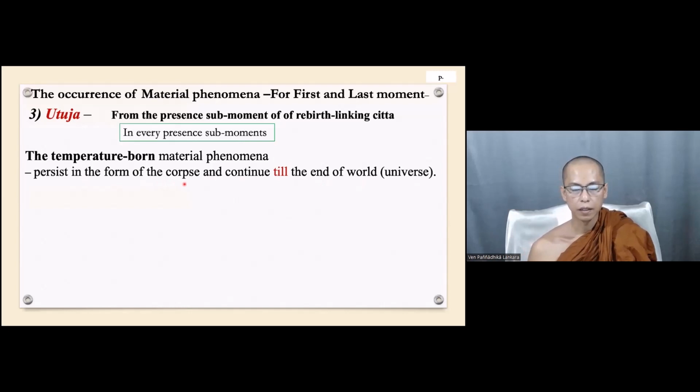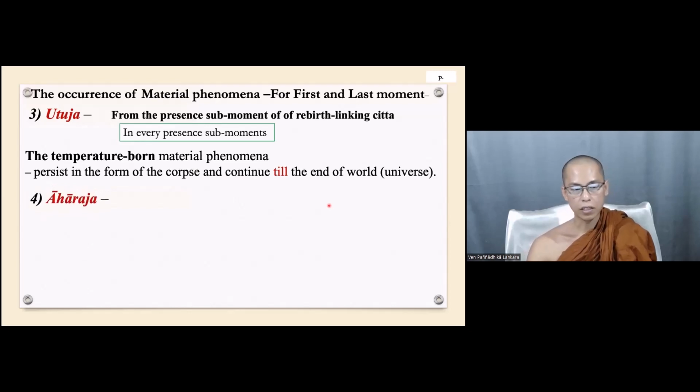If we burn that corpse, the temperature-born materiality continues as ash. If we bury it under the ground, the process of materiality continues. But due to the temperature affecting that material process, it changes. So it continues to the end of the world, but not existing all the time. All are impermanent.